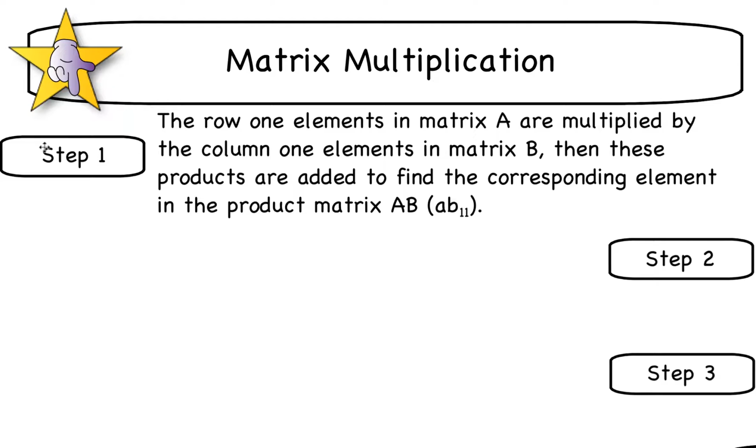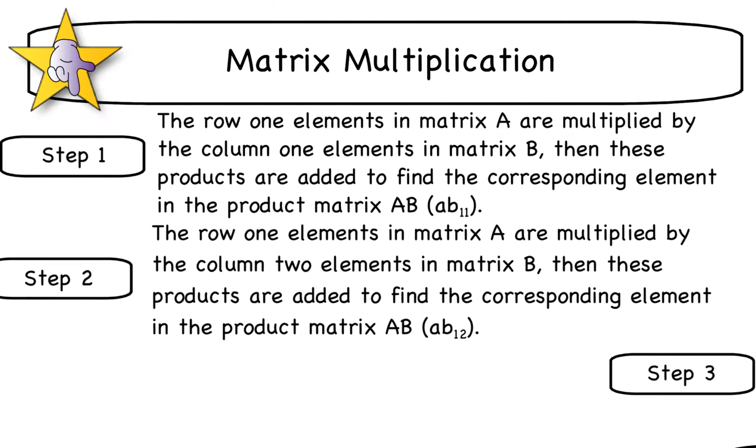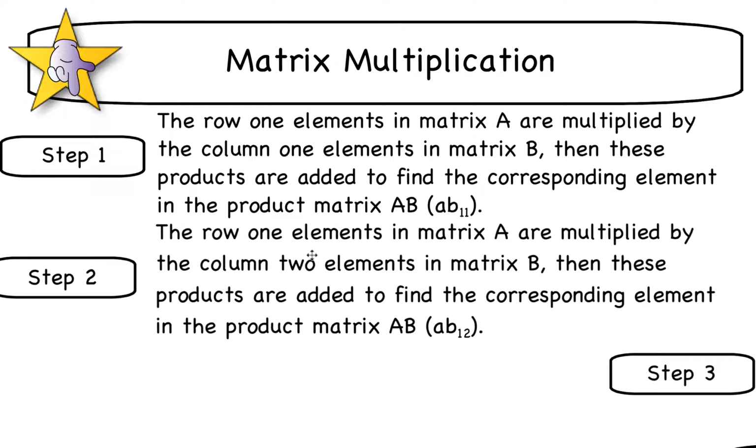You multiply the elements in the corresponding positions and then add them up. So the row 1 elements in matrix A are multiplied by the column 2 elements in matrix B, and then those are added to find the corresponding element in the product matrix, row 1 column 2.